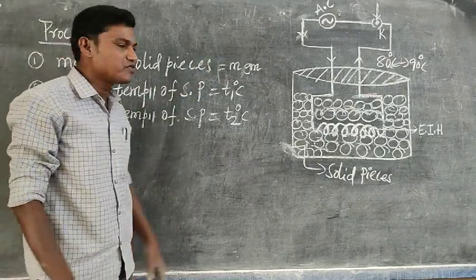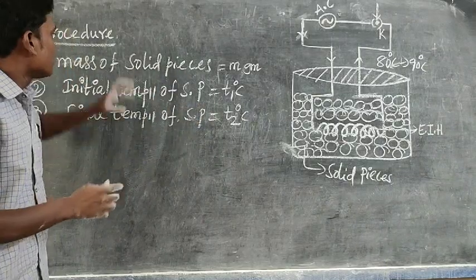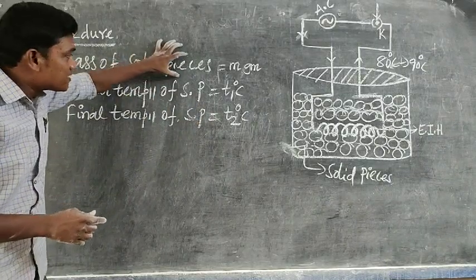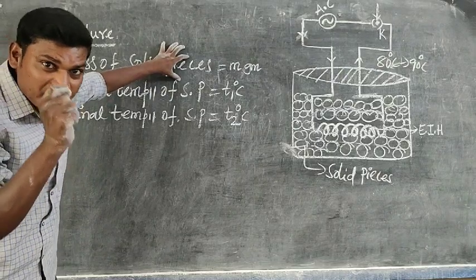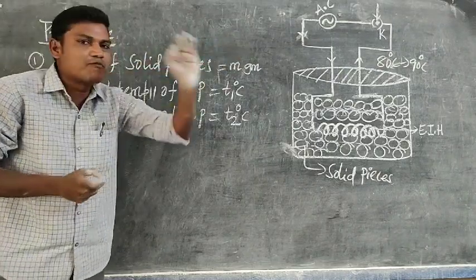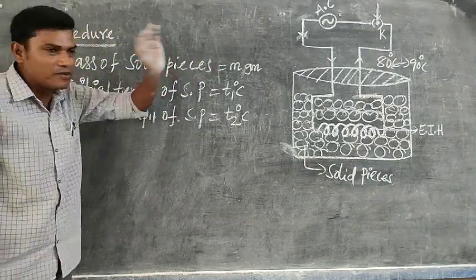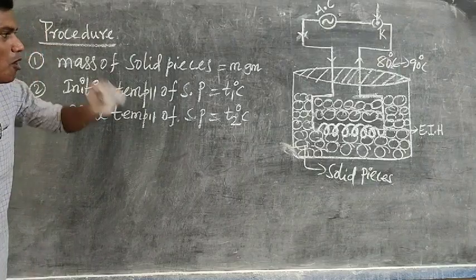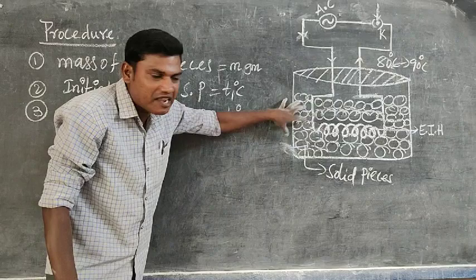Once again, listen. First of all, we take the given quantity of solid pieces and measure its mass using an electronic weighing balance or physical balance and note it as m1 grams. So m represents the mass of solid pieces only. Next, we take these solid pieces into a large container or beaker.